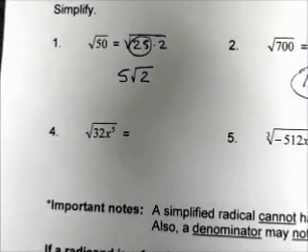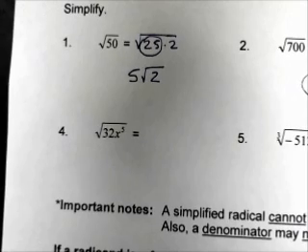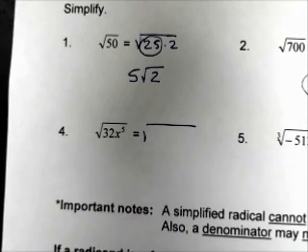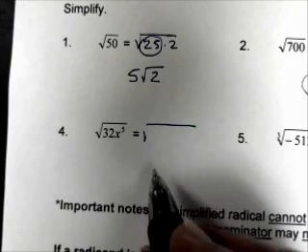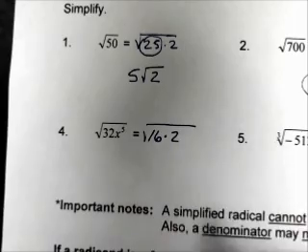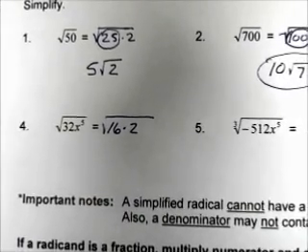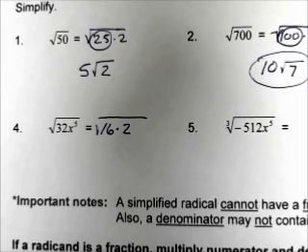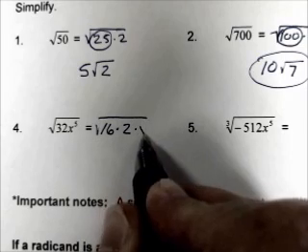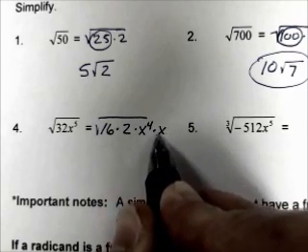Number 4, the square root of 32x to the 5th. We'll factor 32 into 16 times 2. And x to the 5th, what part of x to the 5th is a perfect square? It would be x to the 4th, so we'll express x to the 5th as x to the fourth times x.